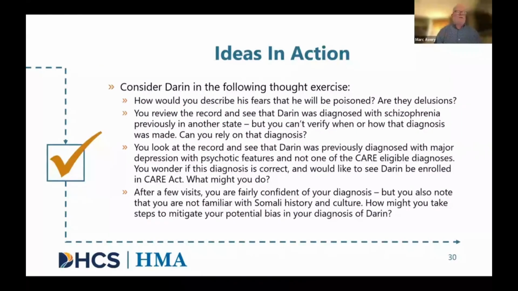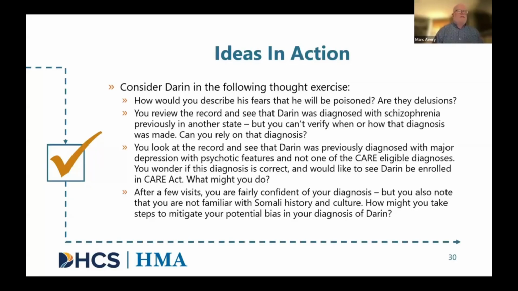What might you do? In this case, again, you might consider requesting a formal diagnostic reassessment by a mental health professional, such as a psychiatrist, who's licensed and experienced in treating similar conditions. To clarify, maybe Darren might actually have one of the CARE Act eligible diagnoses.